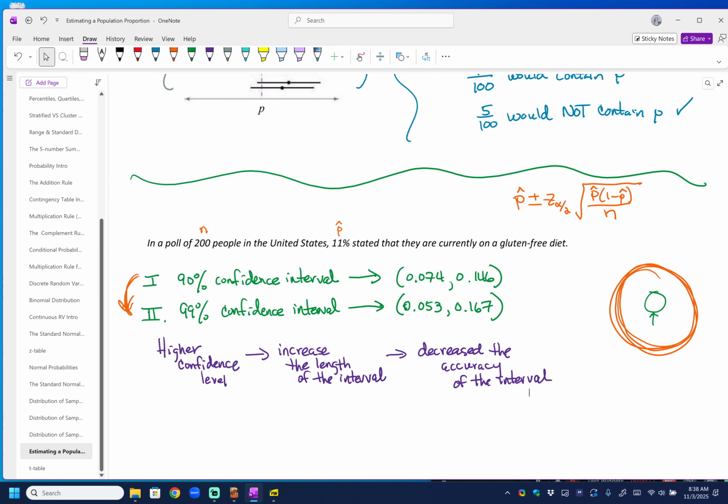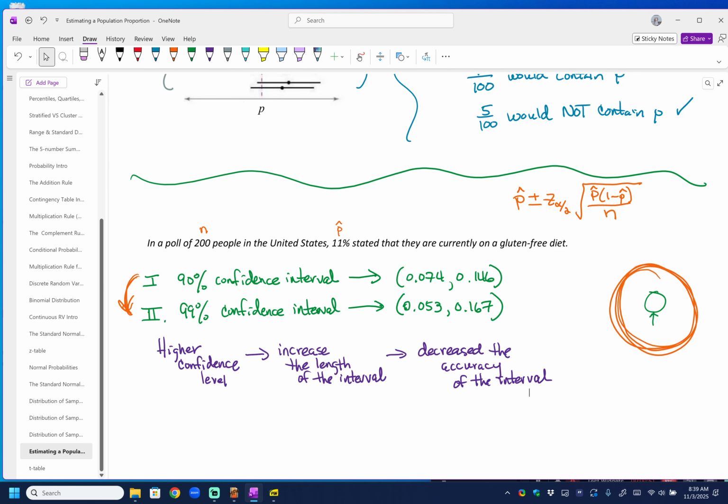So what ends up happening is it's almost like a seesaw balancing act, where you're like, well, I'd like to have as high a confidence as I can get so that I can have as high accuracy as I can get, which is why they often end up quasi in the middle at like 95% confidence. But there are times where you might want to have one be better than the other. But that's the reason why we can't go crazy with the confidence level, because we basically decrease the accuracy of the interval.